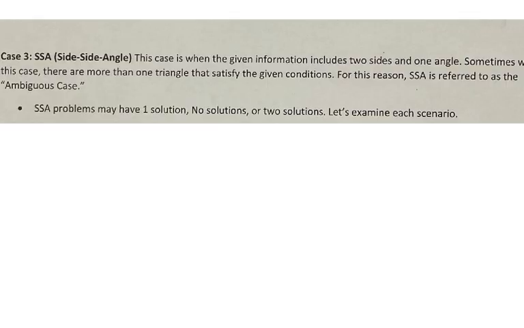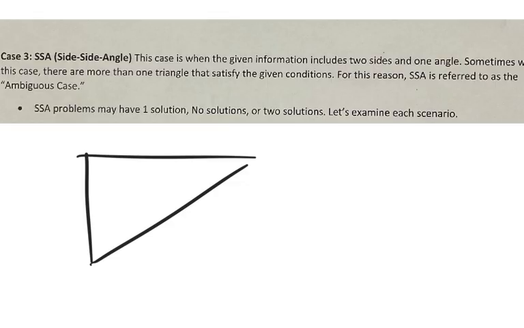All right, if I had side-side-angle, let me look at the notes. Do they draw me out a triangle anywhere? No. Okay. So here's the situation with side-side-angle. I know a side, I know another side, and then I know the angle.